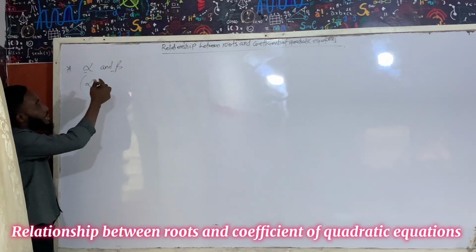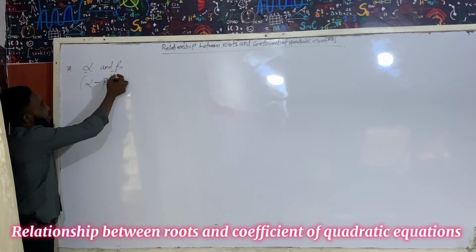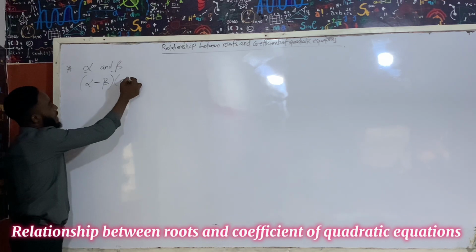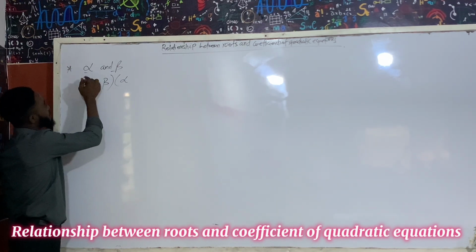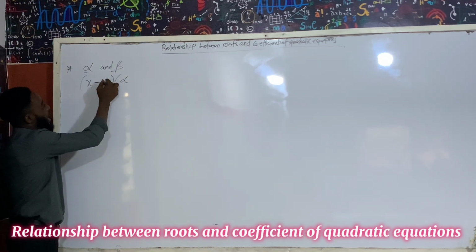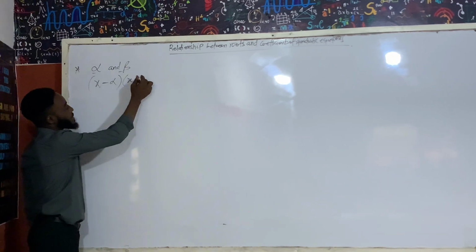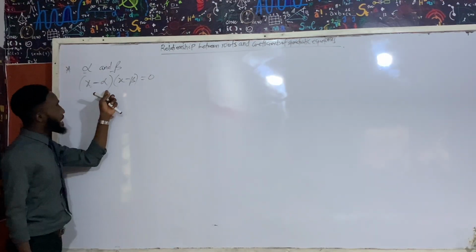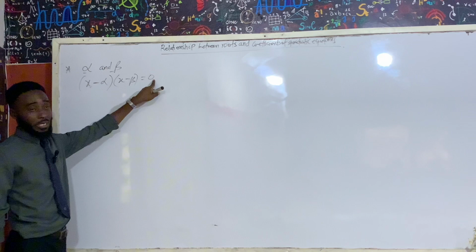If the roots are alpha and beta, if I factorize it out, I could have x minus alpha, and then x minus beta, is equal to 0.